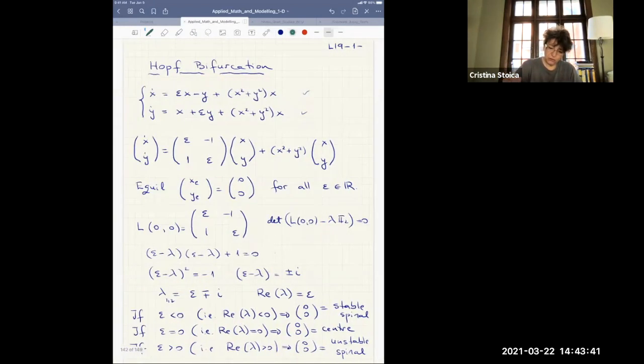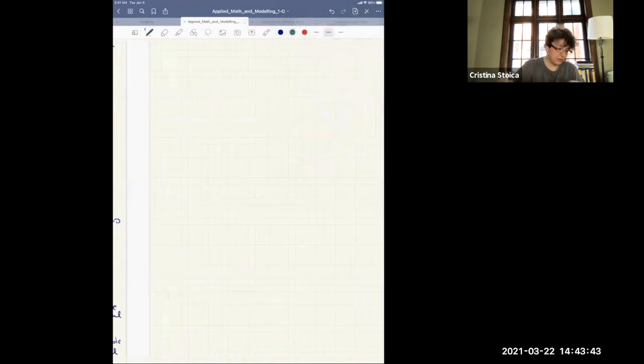That being said, I want to work with you on passing to polar coordinates, because I know you had this in your assignment and you loved it so much. So I have an exercise with passing to polar coordinates.